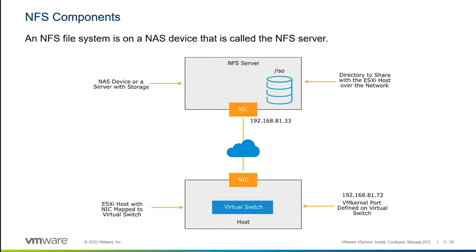So keep your management network, for example, and your NFS VM kernel ports physically separated, either by using a completely separate network, separate physical NIC, for example, or by using VLANs.